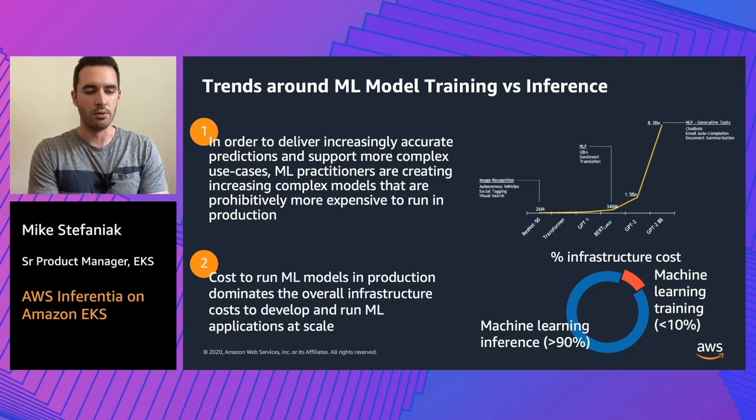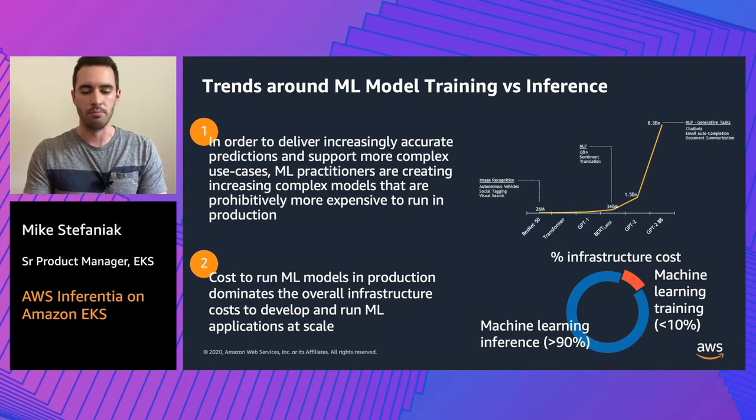And when we dug deeper, it turns out that training can be less than 10% of the cost, but inferencing can account for over 90% of the costs. Because you might train a model once a week for a few hours, but if you have a fraud detection service, that's running 24/7.